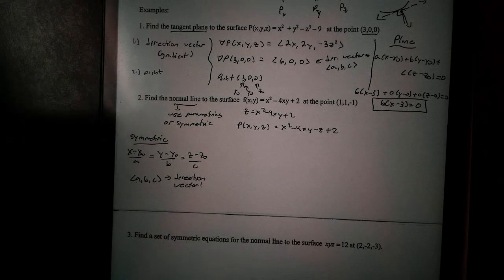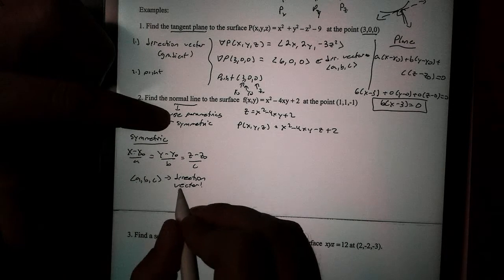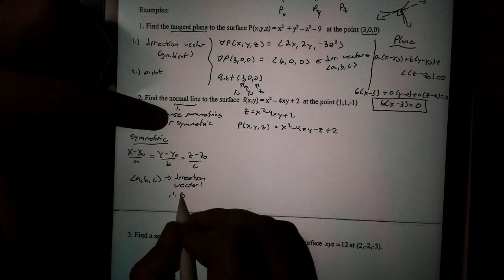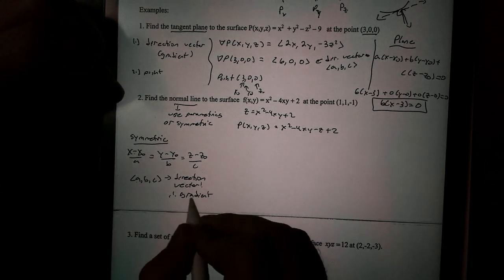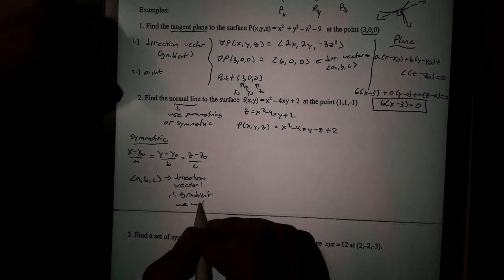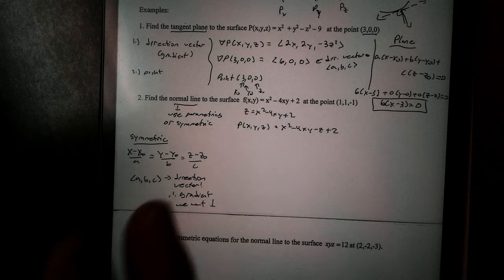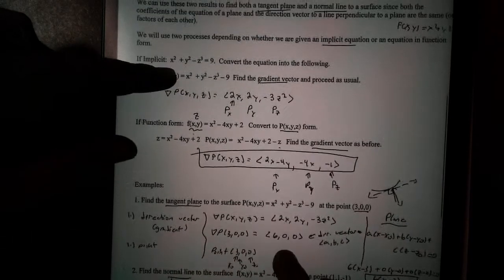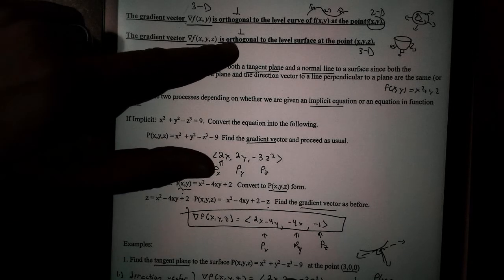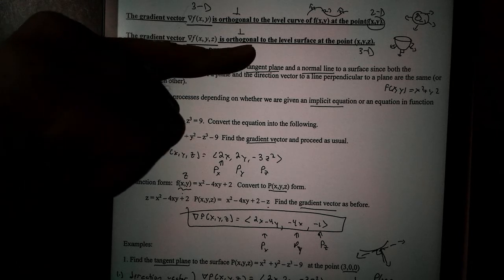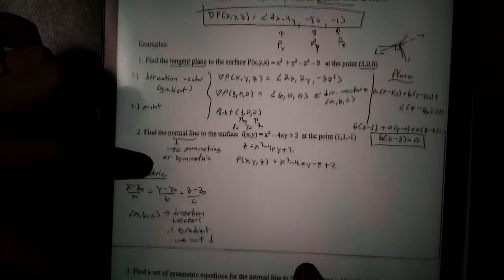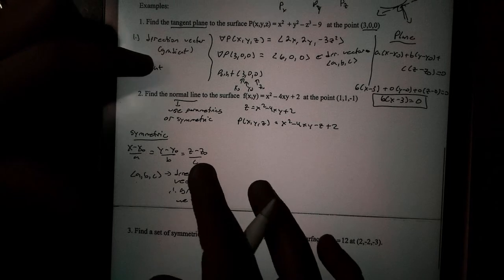And since I want this to be normal to the surface, I know this is going to be my gradient because we want perpendicular. Since I want perpendicular, my direction vector will be my gradient because the gradient, remember, will find the vector orthogonal to the level surface. So we're going to be looking at the gradient here.